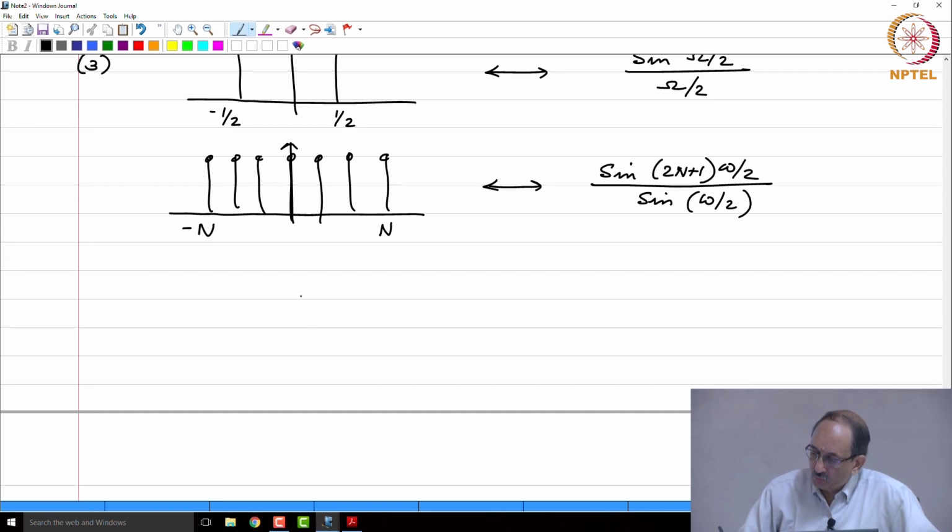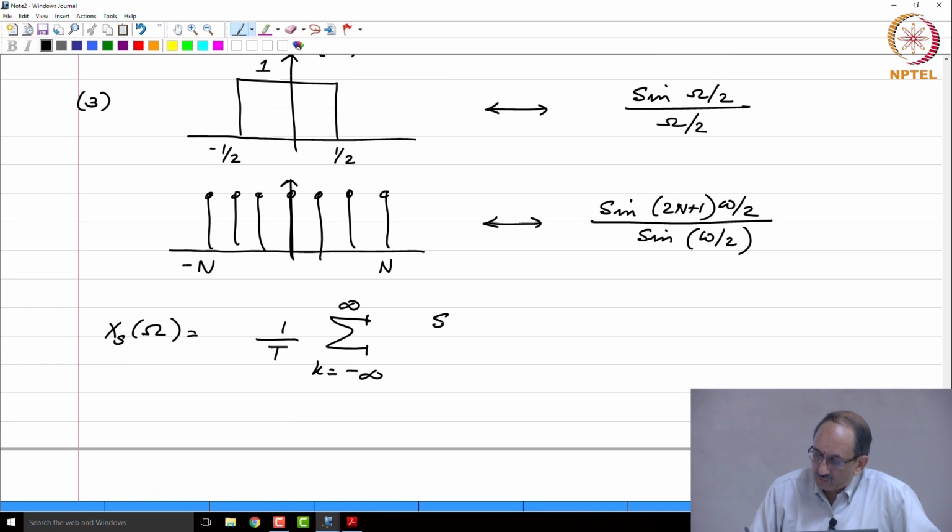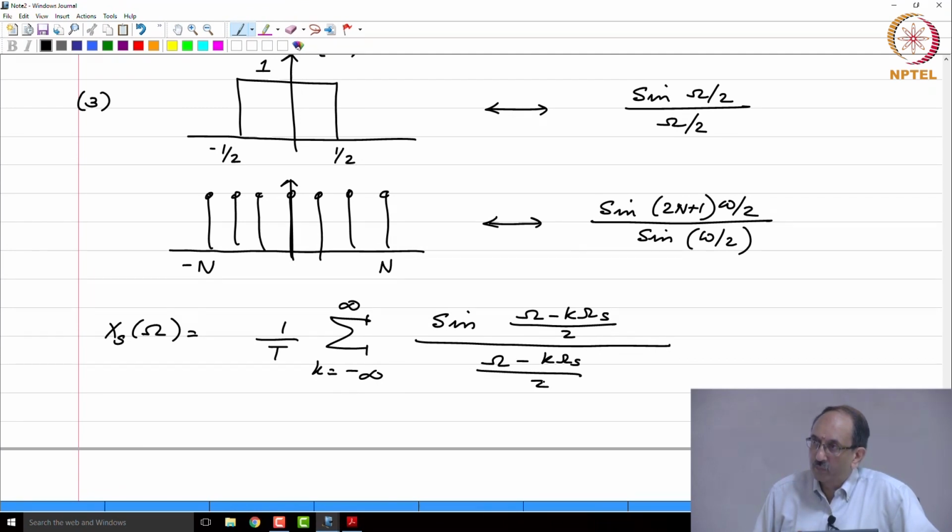So, what we need to do is, the impulse train sampled signal spectrum is Xs(Ω), and that is nothing but 1 over T, sum over k going from minus infinity to plus infinity, and then you need to repeat this sin((Ω − kΩs)/2) divided by (Ω − kΩs)/2.